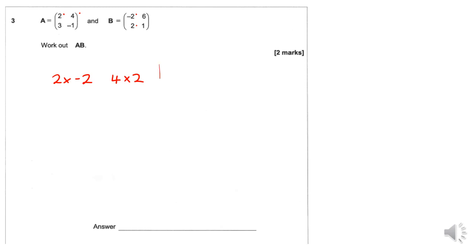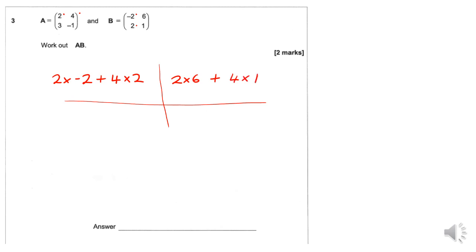And that's the top left. Just going to split it up so now I've got a matrixy thing going on. And then I'm going to do the same with the second column over here. So I'm going to do 2 times 6. And, oh yeah, sorry, I should have an add in there. And 4 times 1.